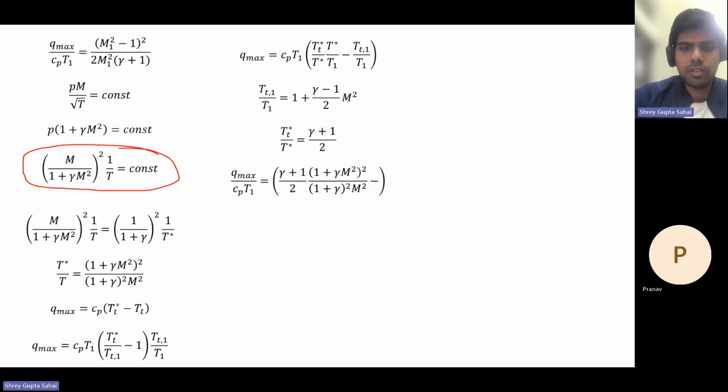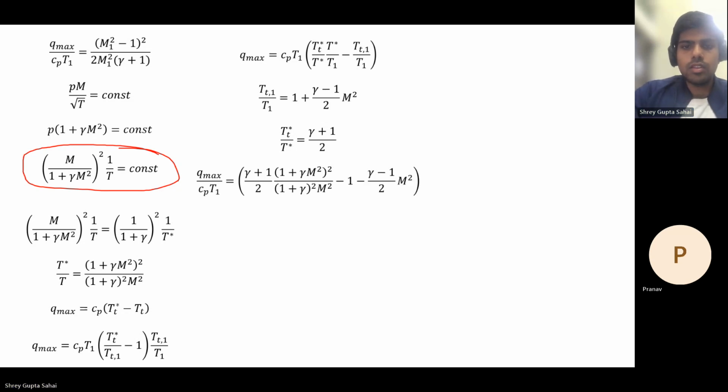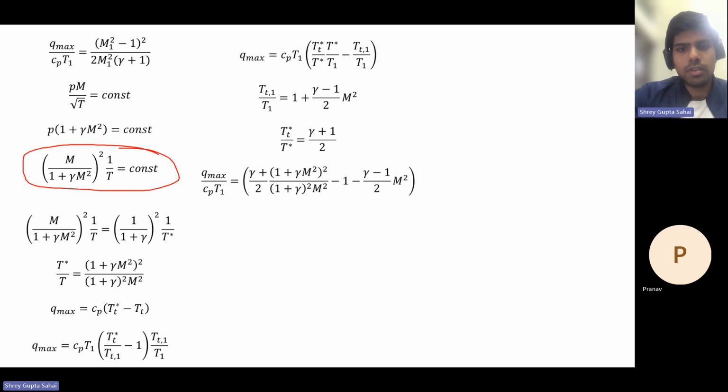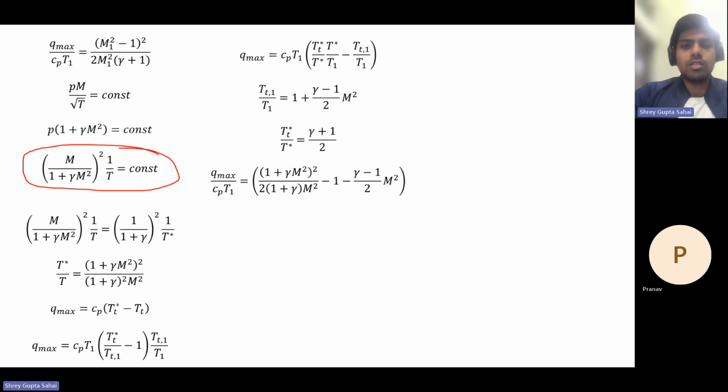Then we'll have minus 1 minus this thing. See, this gamma plus 1 by 2 will get cancelled. You can just have this term. So we'll have this expression there. And now it's just one more line of substitution, so let's do that also.